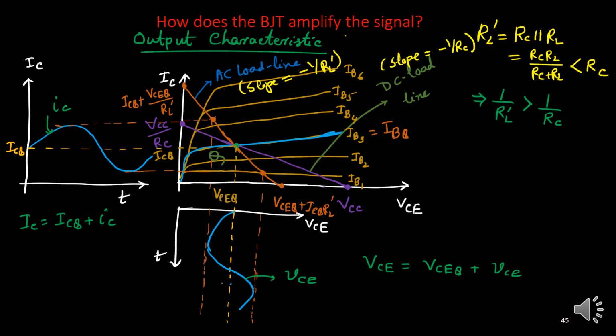The DC slope will not be considered to find the amplification factors. So you can see that I can remove these things and get these variations. I hope you have understood the meaning of the AC load line and how it differs from the DC load line. We will discuss more things.